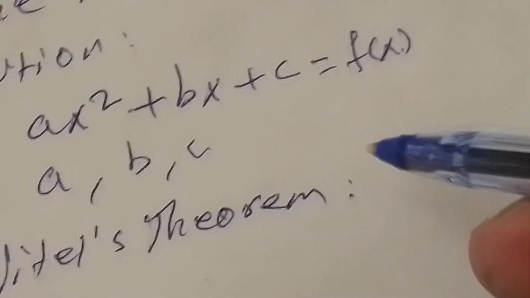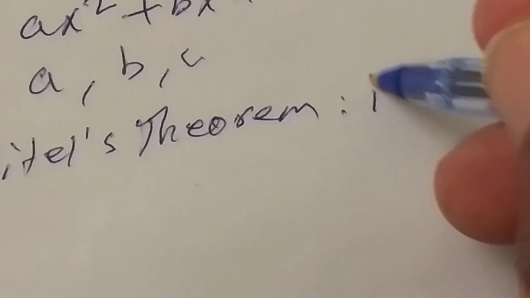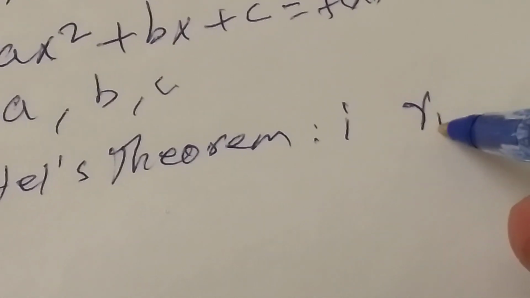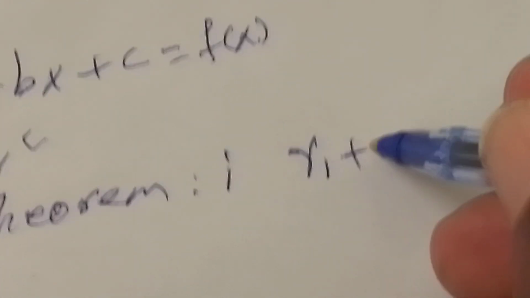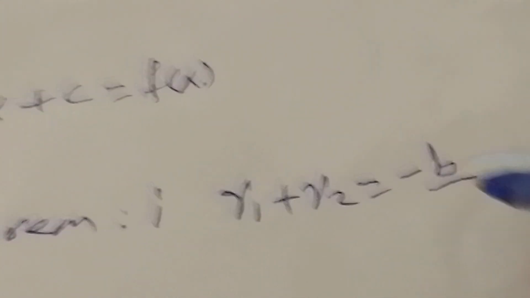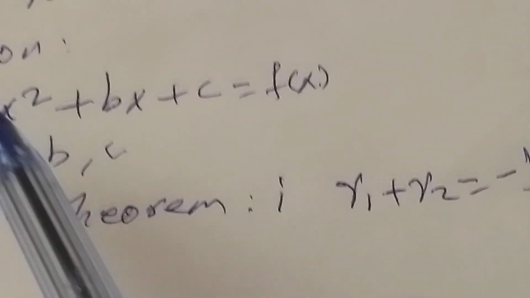Vieta's theorem, we have two theorems. The first one, the sum of two roots r1 plus r2 is equal to minus b over a, the coefficient of b and the coefficient of a.